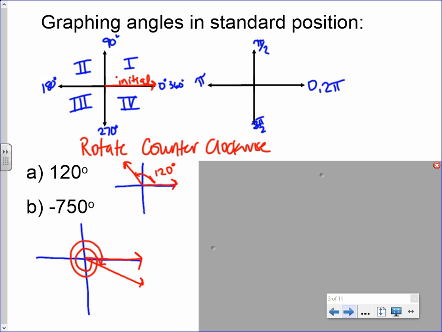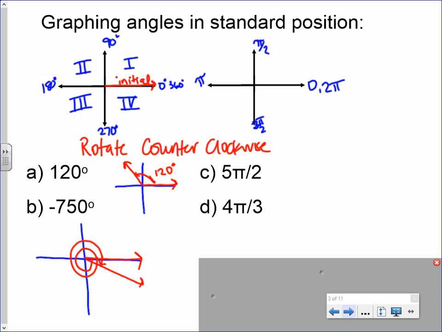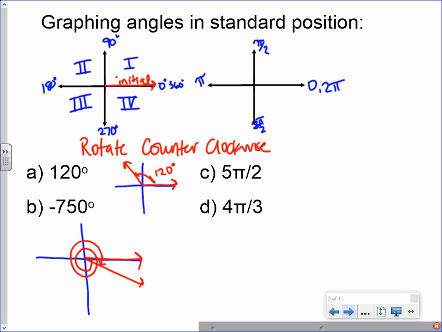What we really have to get used to is graphing radians. The only way you're going to get comfortable with this is to practice.